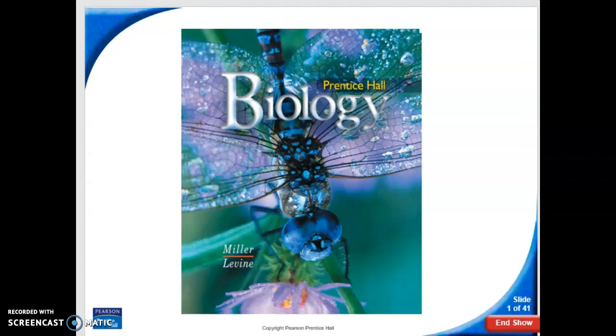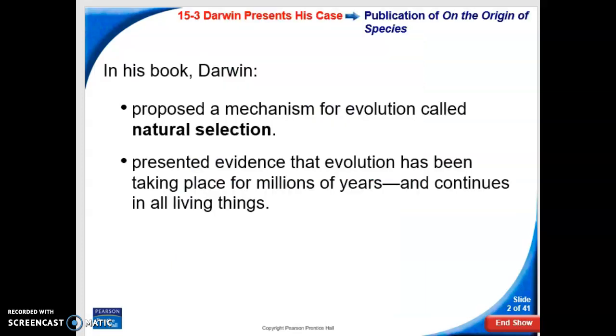So we'll start out. After Darwin went on his voyage around the Galapagos Islands and things, he wrote a book. In his book, he proposed the mechanism for evolution called natural selection. And in this book, he presented evidence that it's been taking place for millions of years, and it continues to take place.